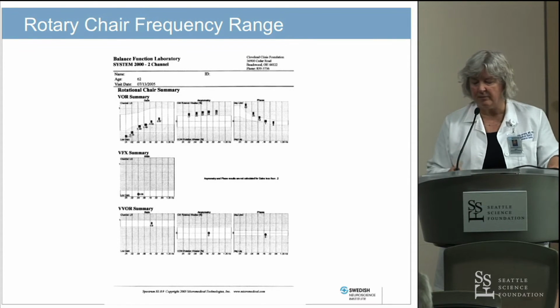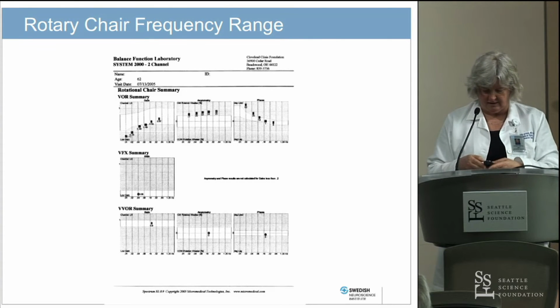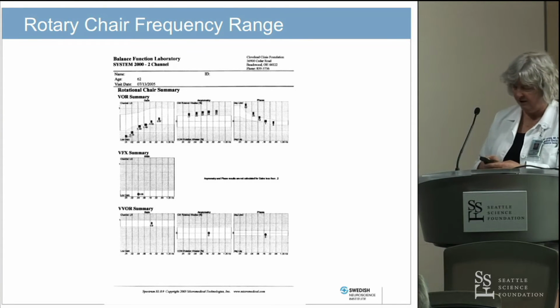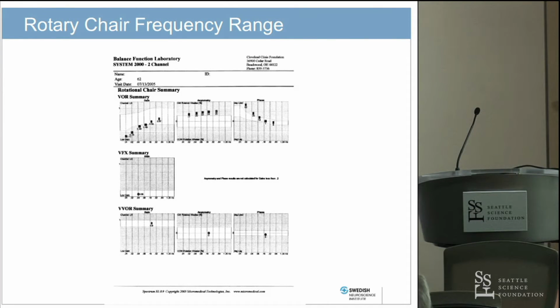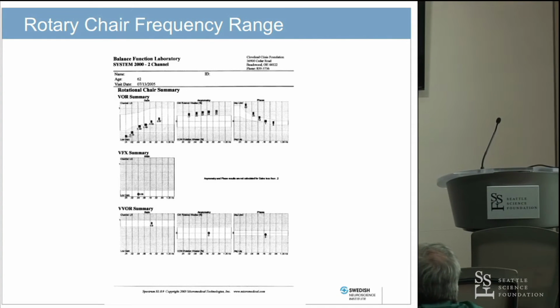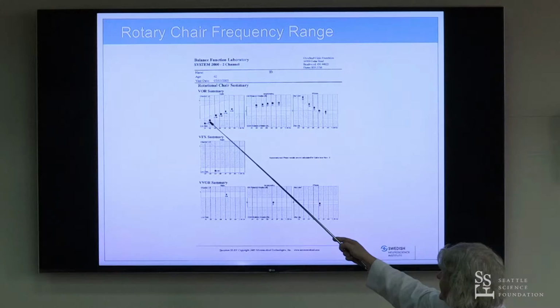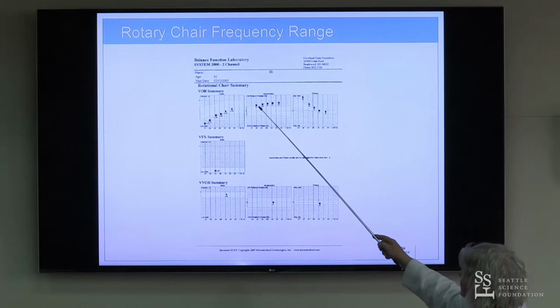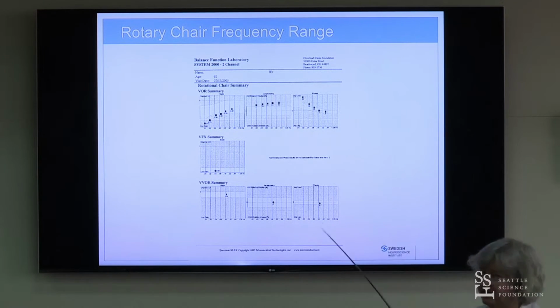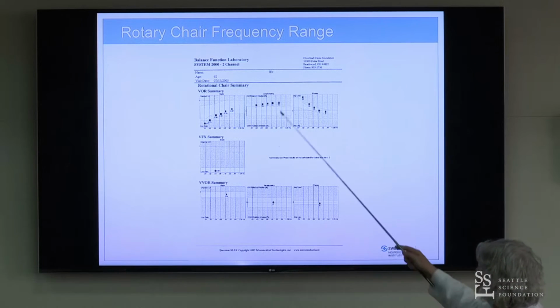And here's an example. I don't think I have a laser. Let me point. So here's all the frequencies we test, 0.01 to 0.5. So this person has pretty good gain. You want it to be up in the white. But look, their clockwise rotation to the right is reduced.